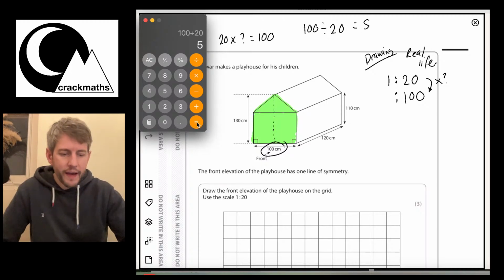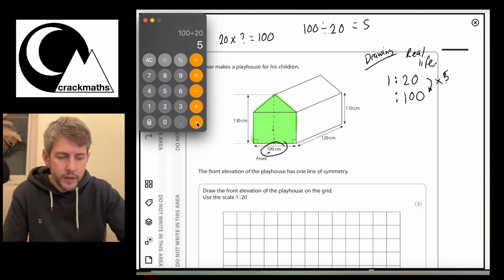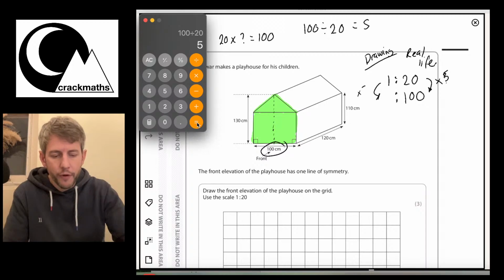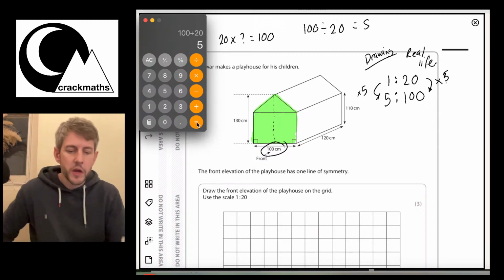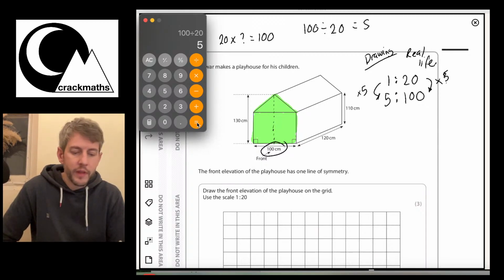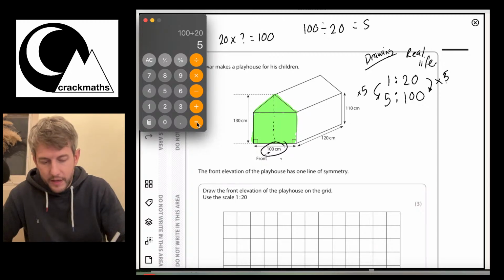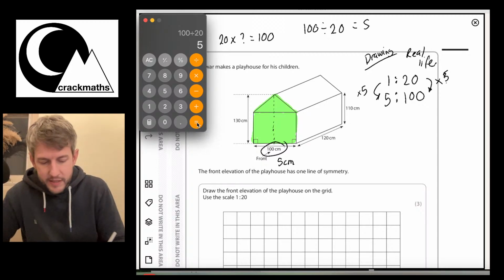So 20 times 5 gives me 100. I want 5 lots of 20, so I'm going to want 5 lots of 1. If in real life the line is 100 centimetres, on the drawing it's going to be 5 centimetres.